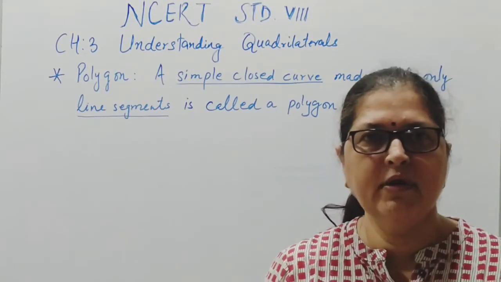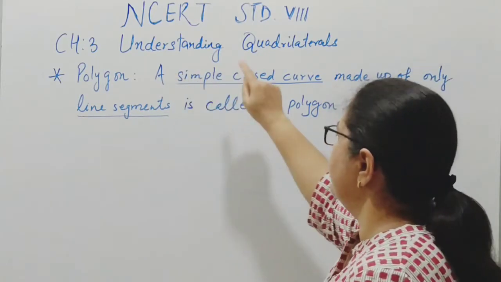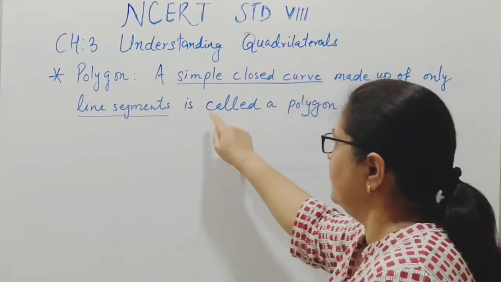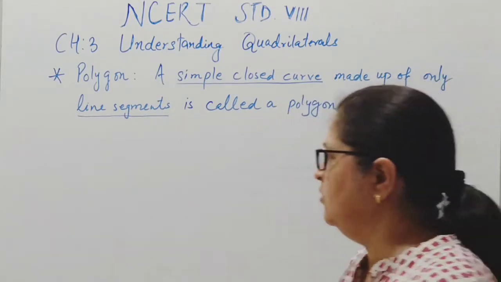Next is polygon. What is a polygon? A simple closed curve made up of only line segments is called a polygon.